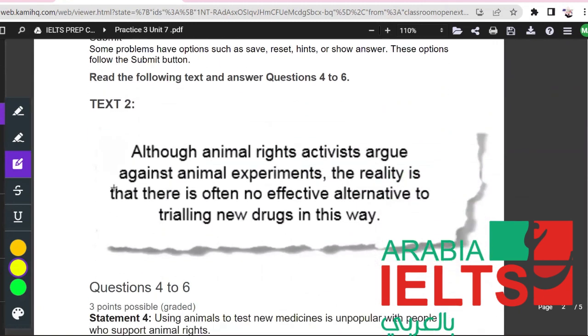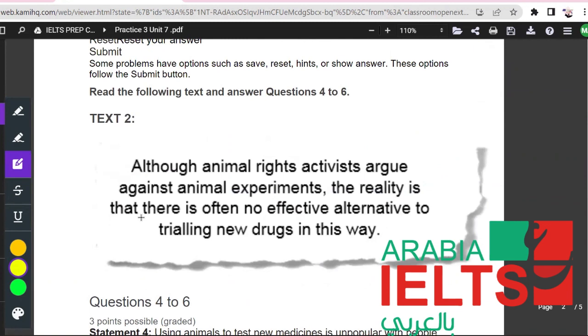So next we have this statement: although animal rights activists argue against animal experiments, the reality is that there is often no effective alternative to trialing new drugs in this way.